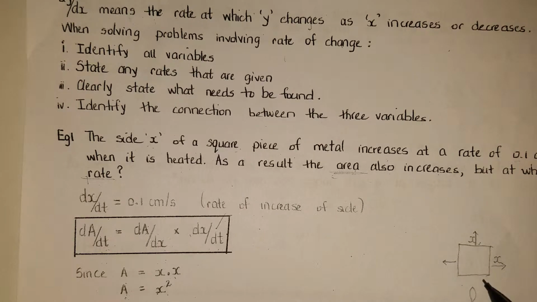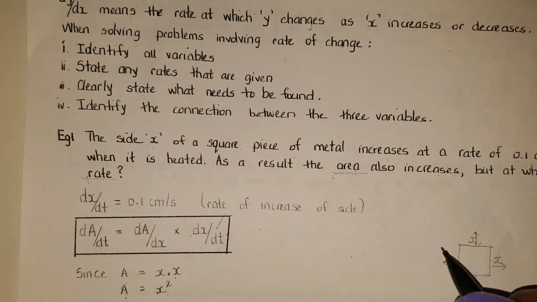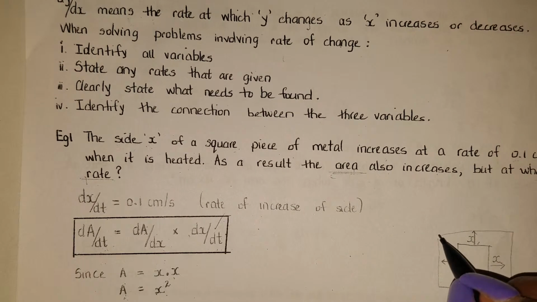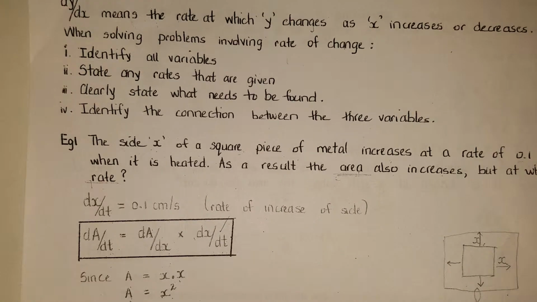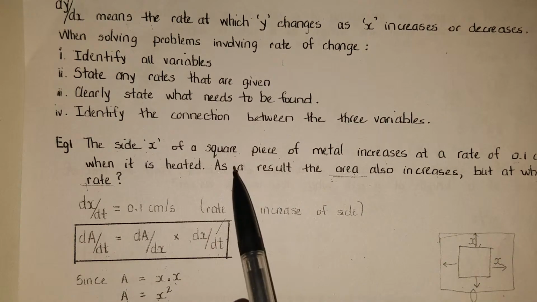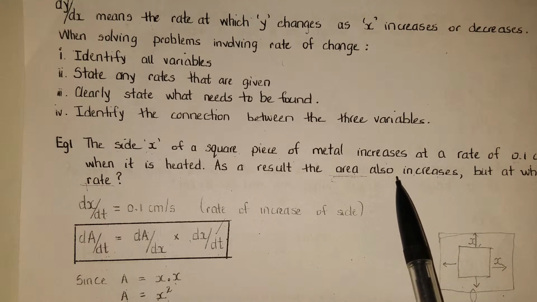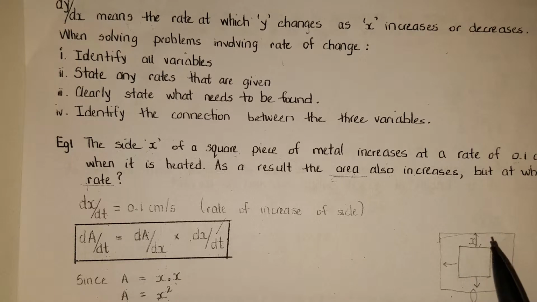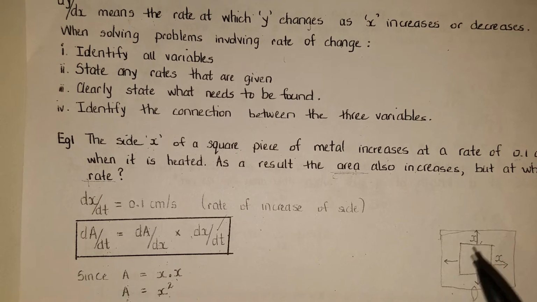So basically, for every second that passes, the sides are increasing by 0.1 centimeter. So if all the sides are increasing, then the overall square is going to get larger, making the area larger. So that's what the question is asking. While the sides are increasing, at what rate is the area increasing?